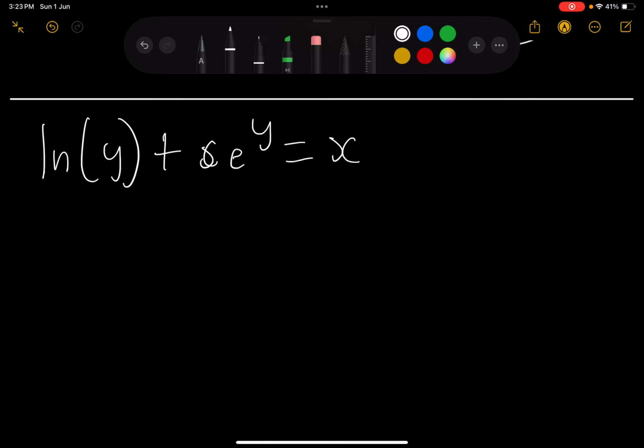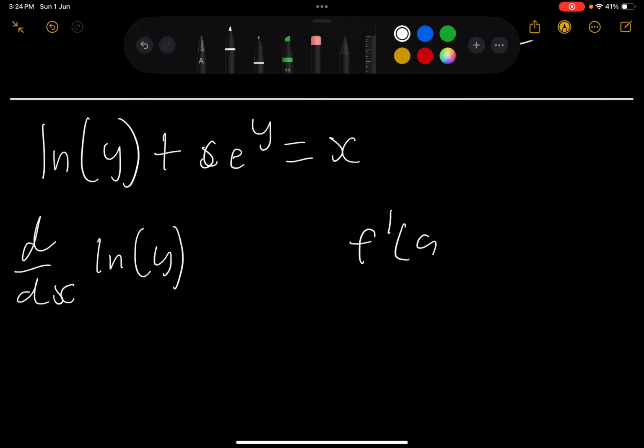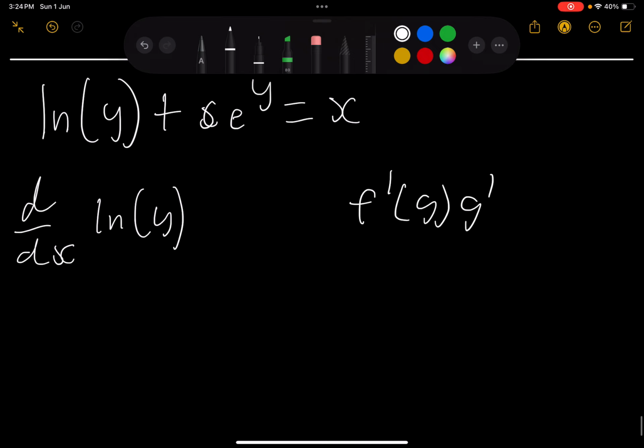Let's start with the natural log of y first. Remember our chain rule, which is over here. Let's try that again. We'll start off with the outer function, which is natural log.